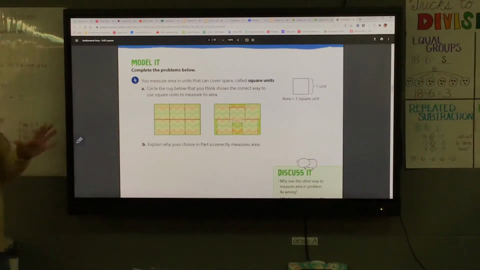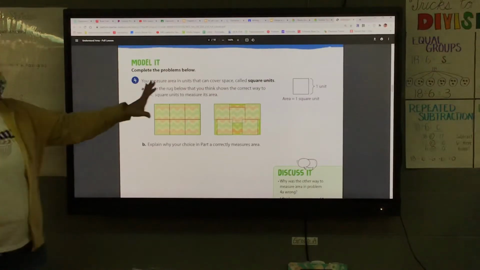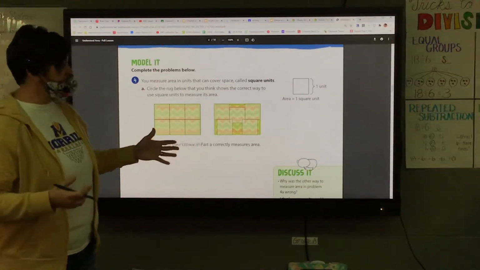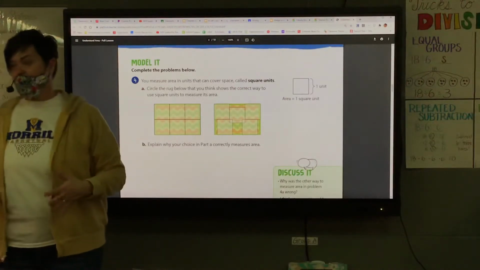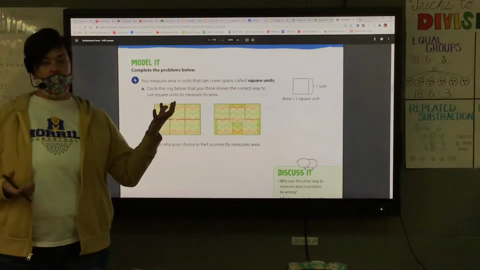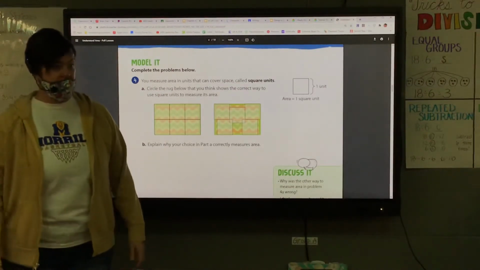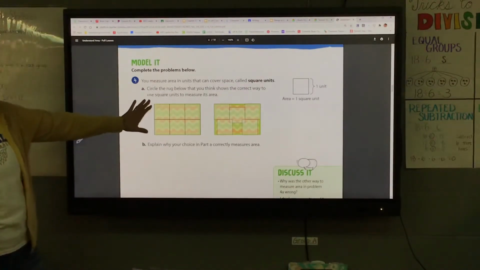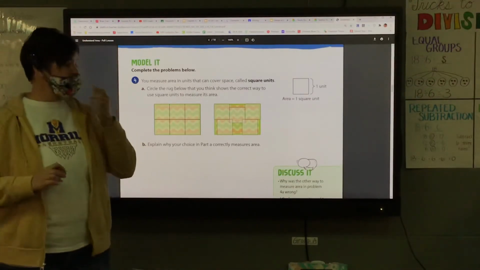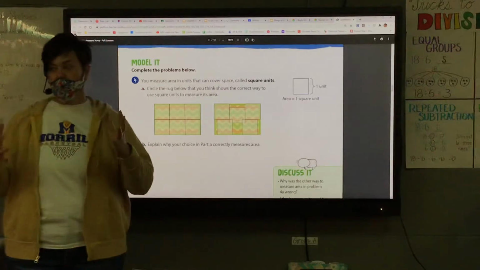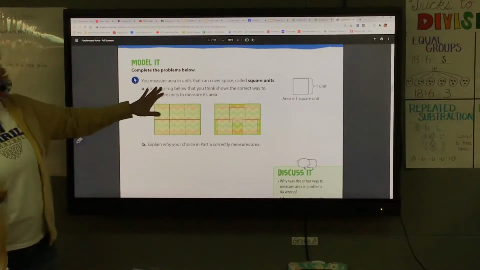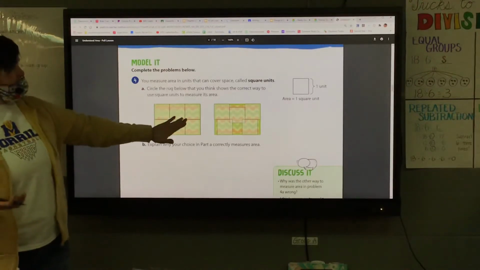Okay, so now we talked about with those tiles, that unit of measurement isn't like how we measure with a ruler or a tape measure or a yardstick or a meter stick. Square units are just perfect squares that are used to identify how we could measure something. So circle the rug below.